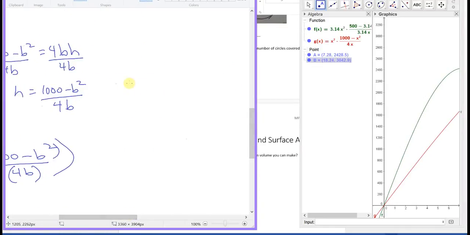So if the base is 18.24, the height is 1,000 minus 18.24 squared, over 4 times 18.24. I'm going to put this in my calculator and figure out what the height would be, and we'll see what kind of a rectangular prism this is. What are the dimensions like?